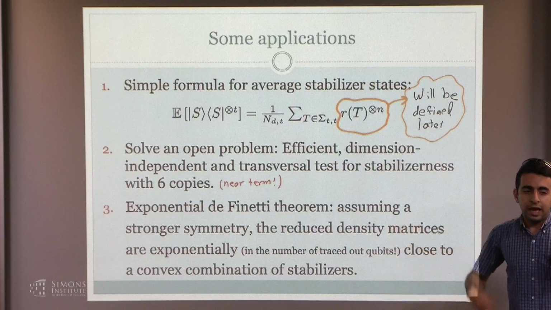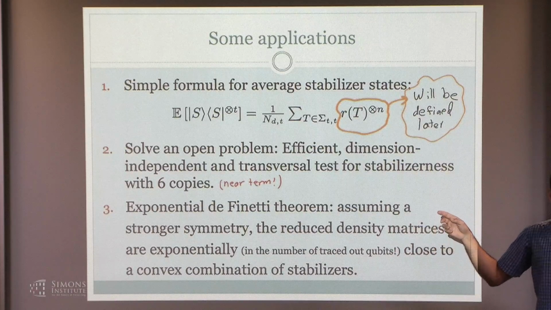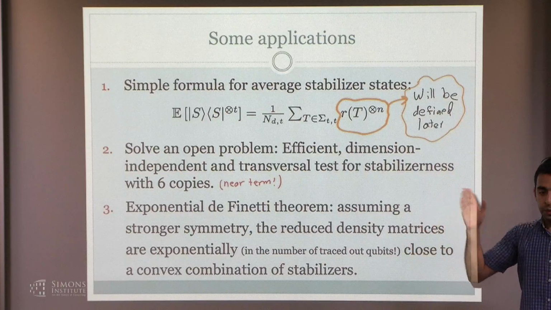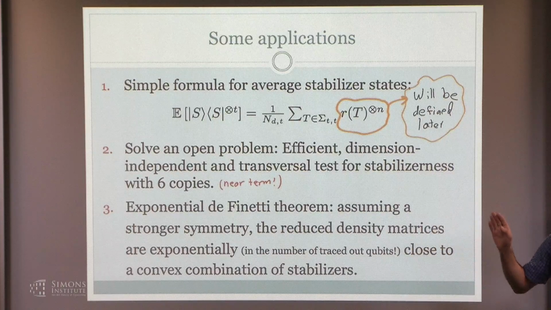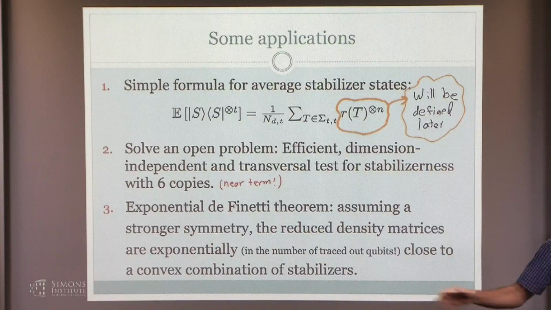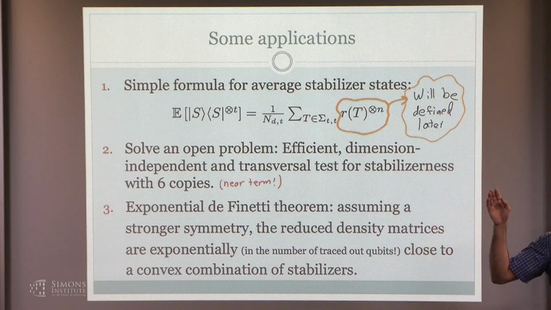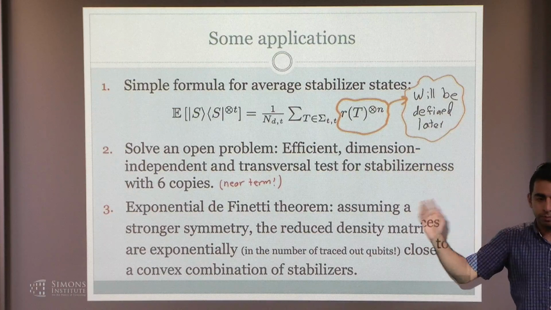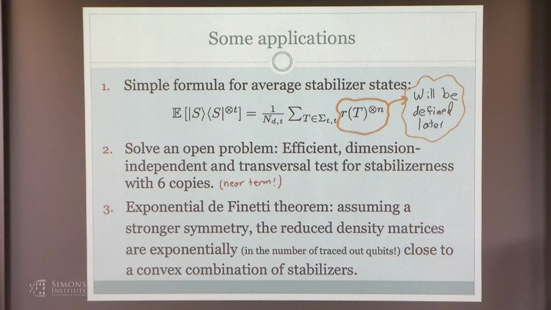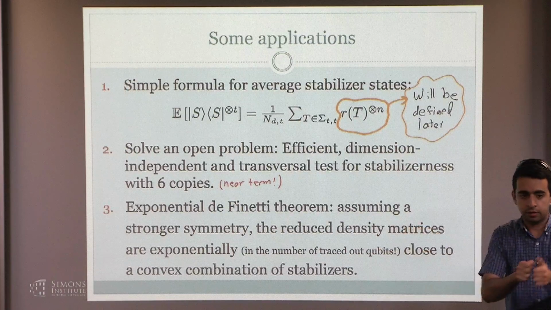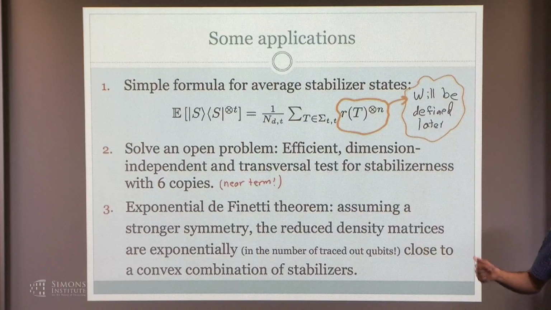And then you get definitive theorems where it's exponential in the number of qubits that you erase. So if you have 2 billion qubits and you trace out 5 of them, you get something that is exponentially close to a complex combination of stabilizer states, tensor powers of stabilizers. So that can be hopefully useful for key distribution.